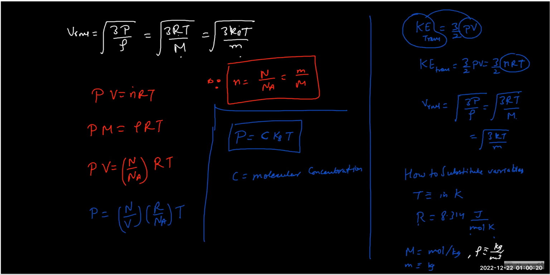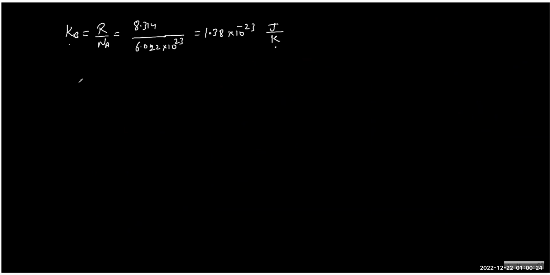And the pressure will be in Newton per meter square or Pascal, not in atmosphere. 1 atm is how much? 1.01 times 10⁵ Pascal. So you need to remember all these things.